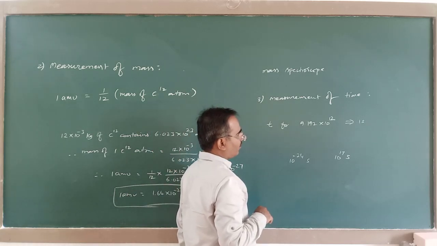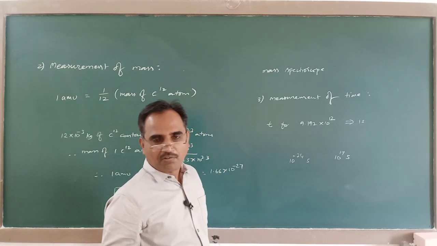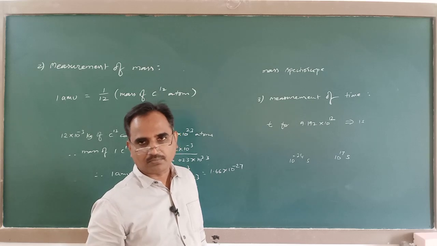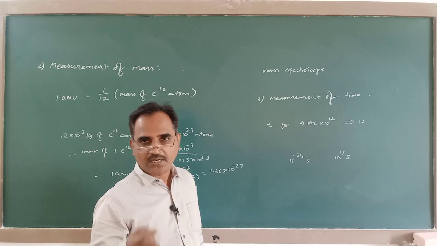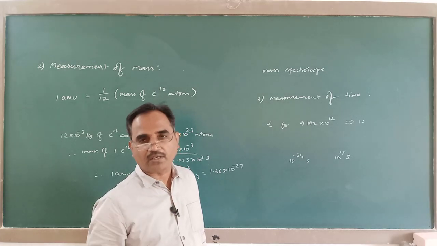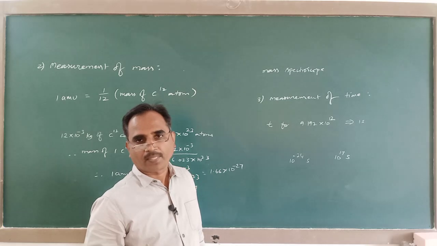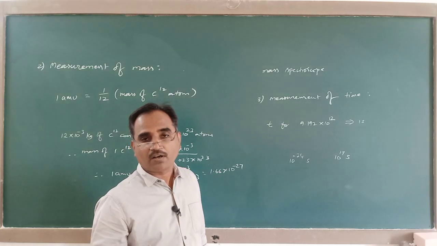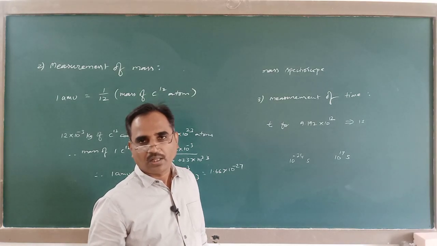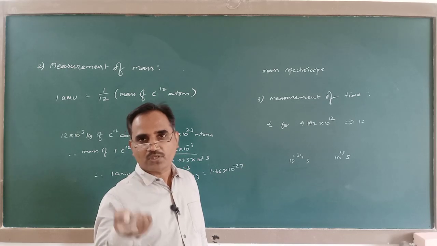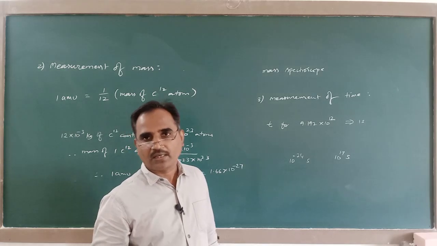Further, any event which takes place at a definite interval can be used as a source of measuring time. For example, electronic oscillators make oscillations at a definite interval of time, so they can be used as a time measuring device.